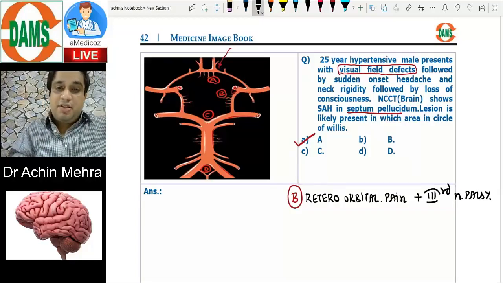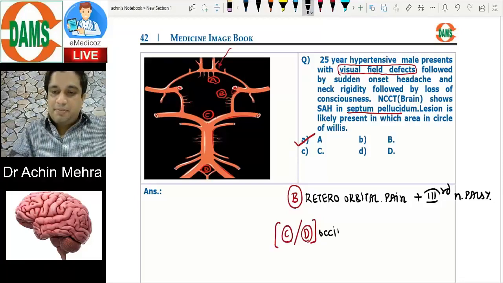If the lesion is somewhere at C or even at D, that is the vertebrobasilar junction or maybe the basilar bifurcation, we often find in the patient occipital pain, a typical throbbing pain in the neck region.